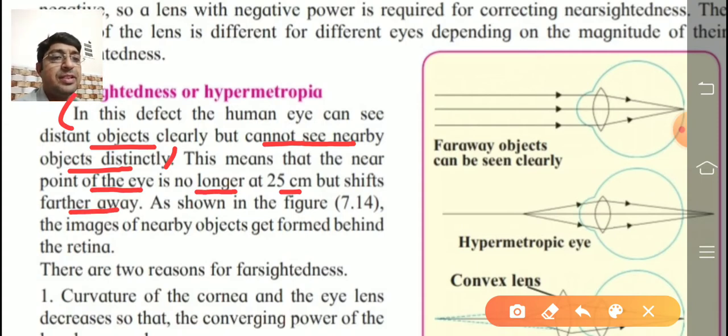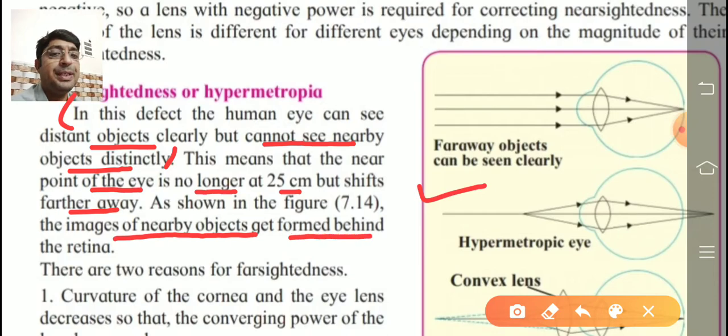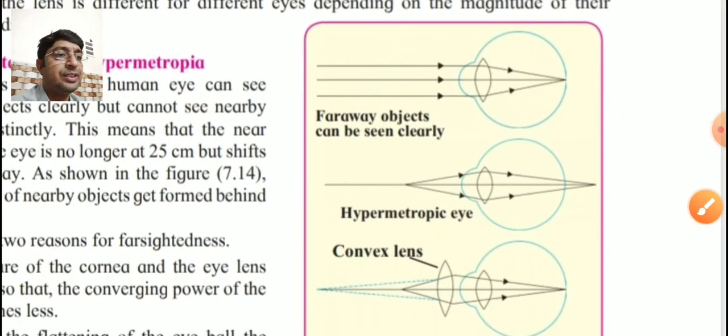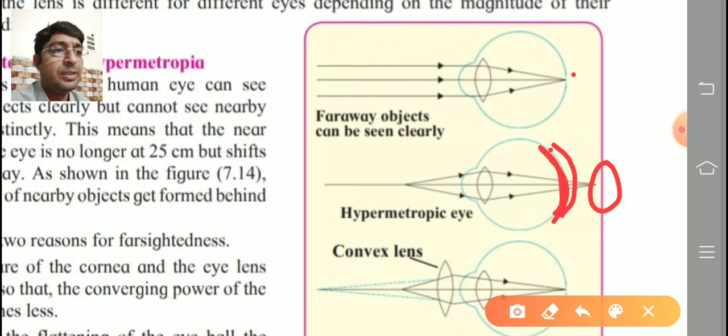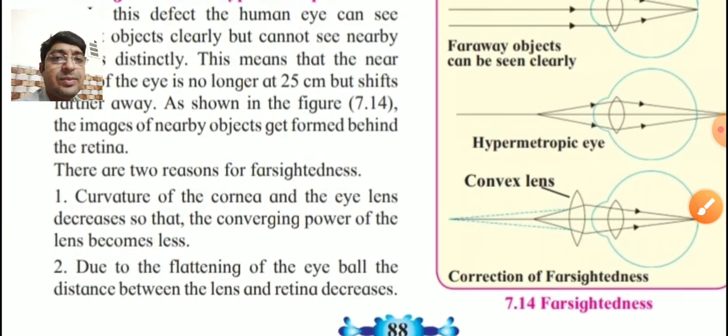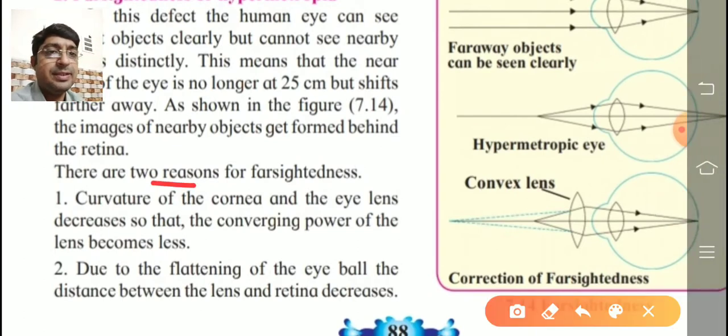As shown in figure 7.4 here, the images of nearby objects get formed behind the retina. Check there. The image of an object is not formed on the retina, but instead reaches behind the retina. Now two possible reasons are given here.